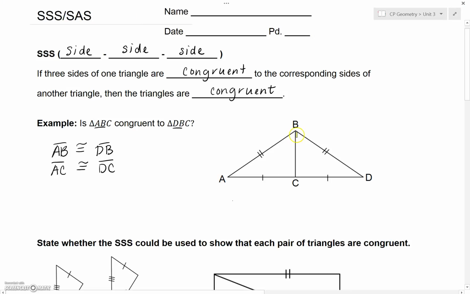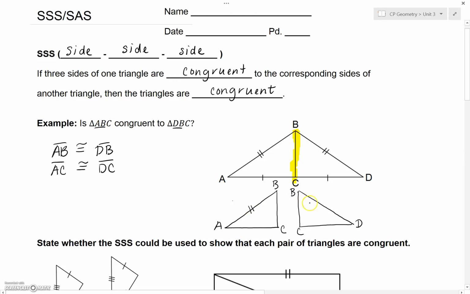But if we think about it, BC is a part of both of these triangles. So we're going to be doing this a lot in this unit. I could draw these triangles separately. I could pull apart ABC, so BC was standing alone, and then I could pull apart DBC, so again BC was by itself.